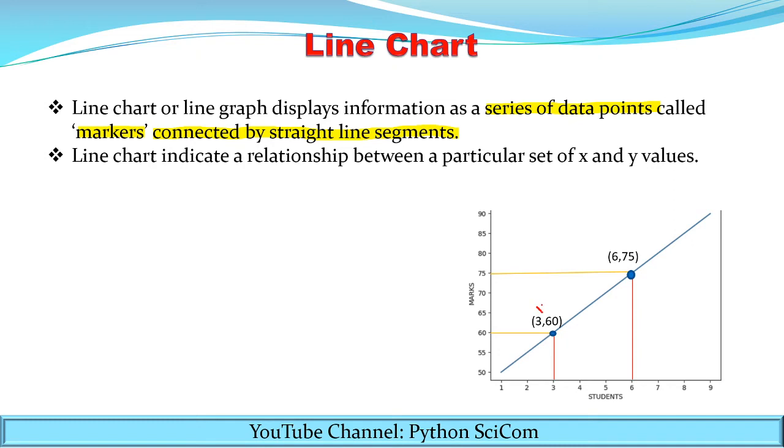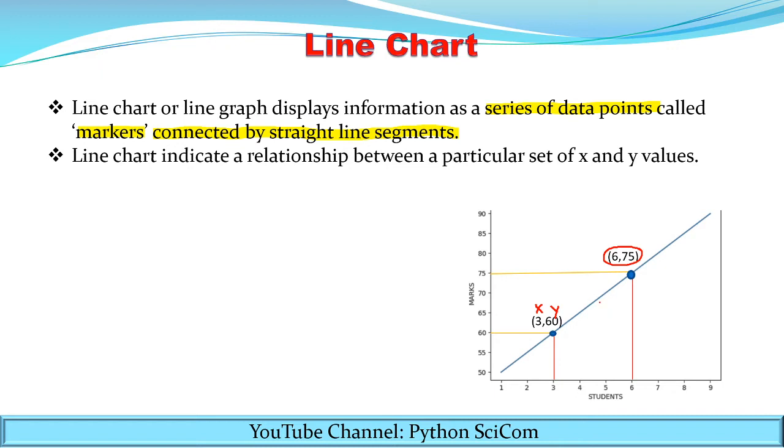For this point 3, 60, the x value is 3 and the y value is 60. So x is represented along the x-axis and y along the y-axis. Similarly, this point 6, 75 represents x equals 6 and y equals 75.